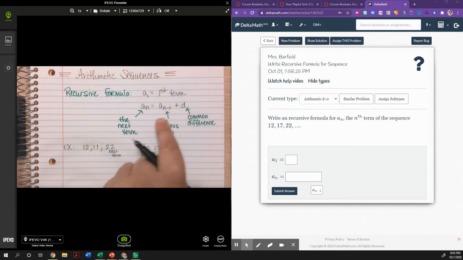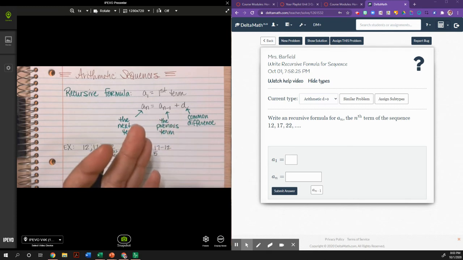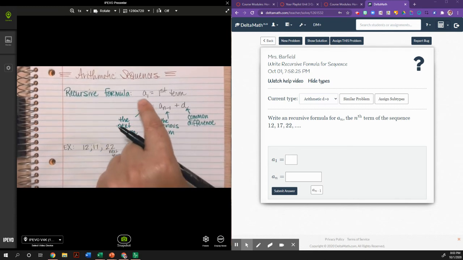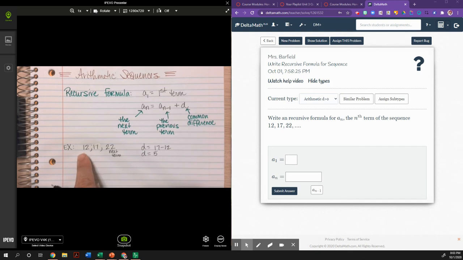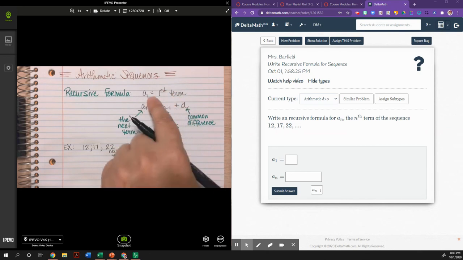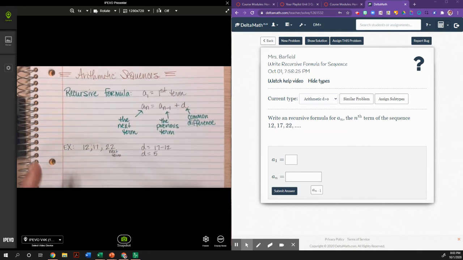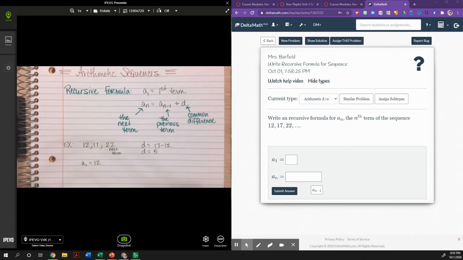But all this formula does, and I'll be honest, I don't like this formula. It's not very helpful in the grand scheme of things. All this formula does is tell me how to find the next term. So how do I take this and get it into Delta Math? I know the first term, a sub 1 equals 12.